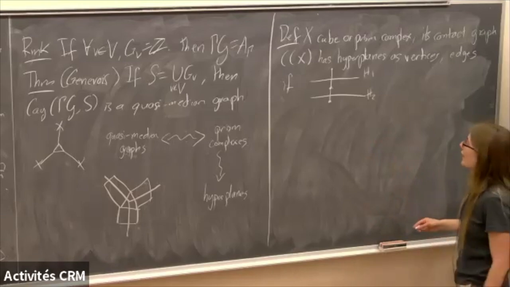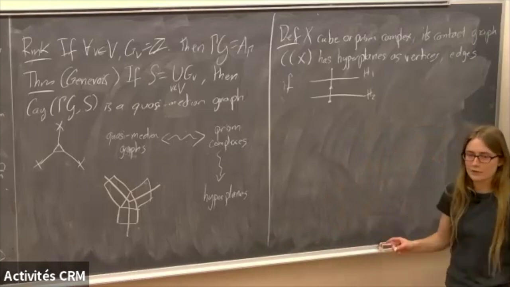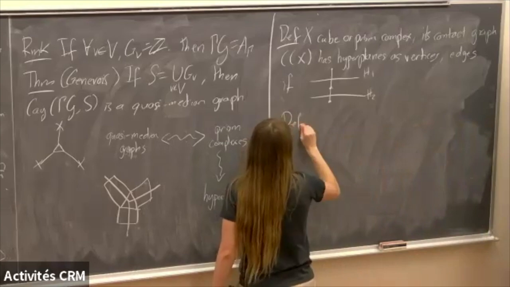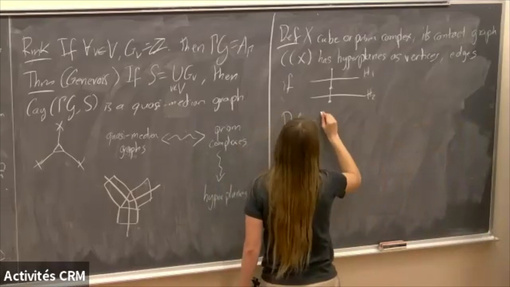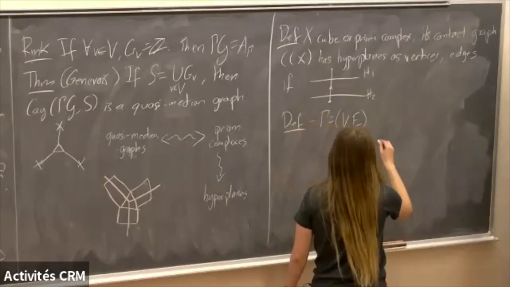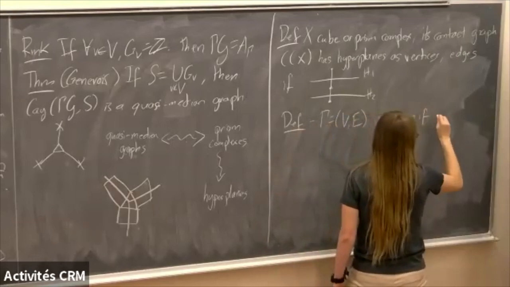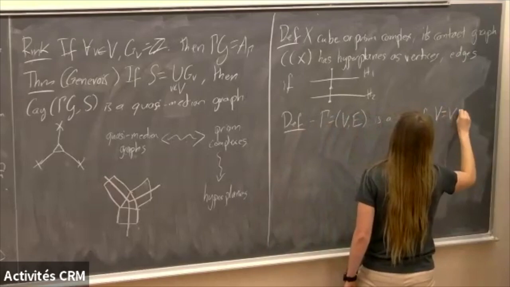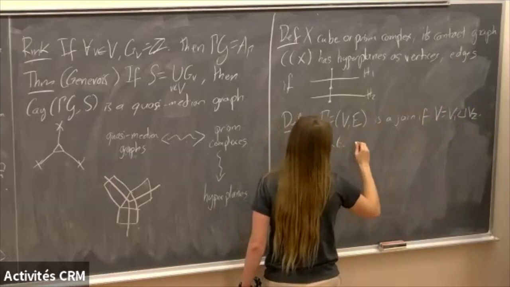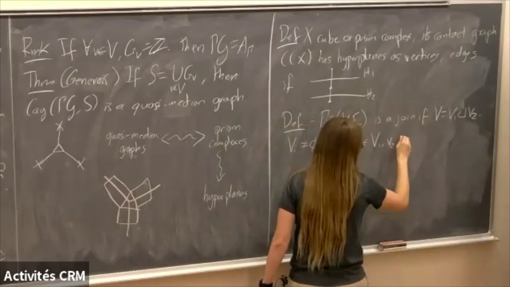But before I write down that theorem, I need to give a few more definitions, and I promise that these will be the last ones of the talk. So bear with me. The first is a reminder that a graph is a join if you can partition your vertex set in some non-trivial way, such that whenever you have a vertex in one part and a vertex in the other, then there's an edge between them.